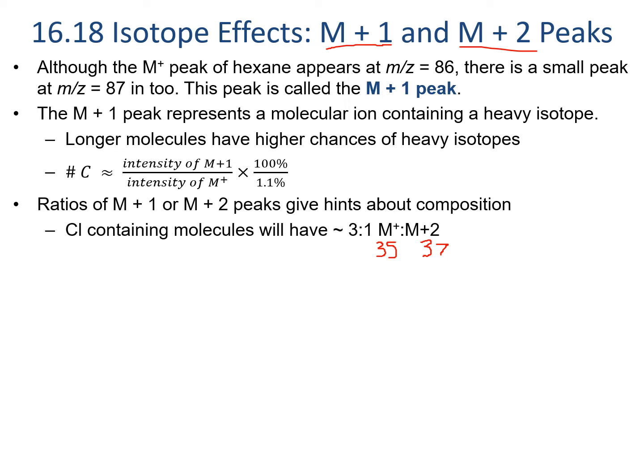Those isotopes are both fairly common, and so we can use that to tell us a lot about the molecule, and even fragments that have chlorine on them as well. Bromine also has a similar known ratio, but bromine tends to be a 1-to-1 ratio. We have bromine 79 as our mass peak, and bromine 81 as our mass plus 2 peak. And so if we see a mass peak and a mass plus 2 peak that are very similar, we have a good indication that there's bromine in the molecule.